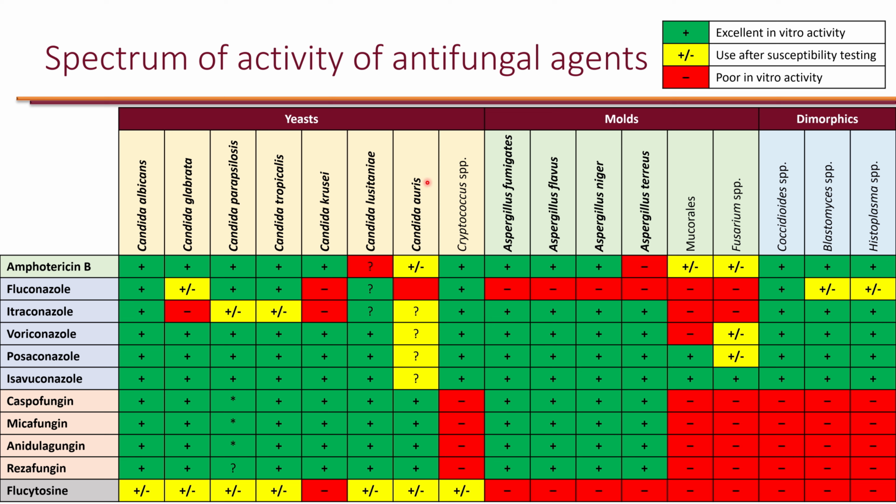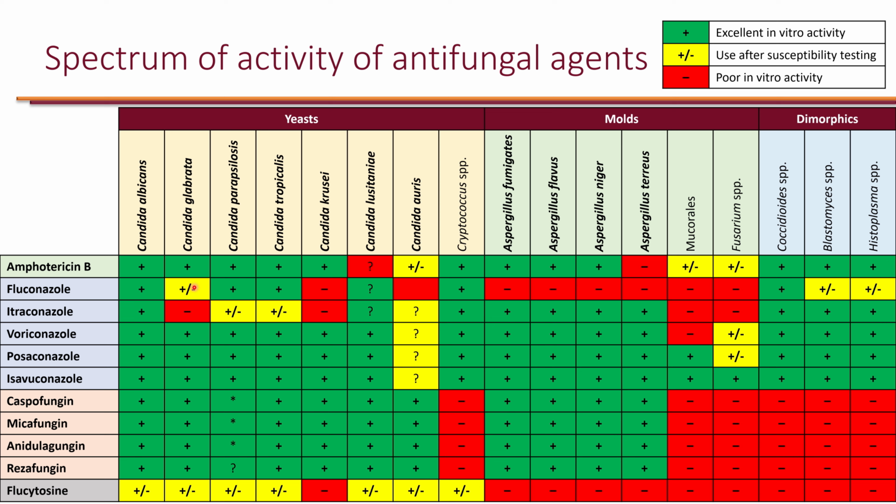And most recently, there's been an emergence of Candida auris, and these species may or may not be resistant to amphotericin B. So there just needs to be susceptibility testing to find out. Now, for fluconazole, pretty much good activity for Candida albicans, but MICs are much higher for glabrata.